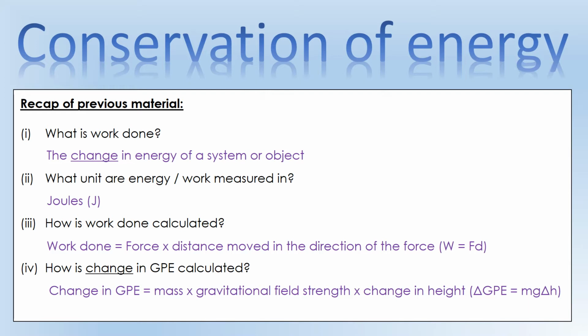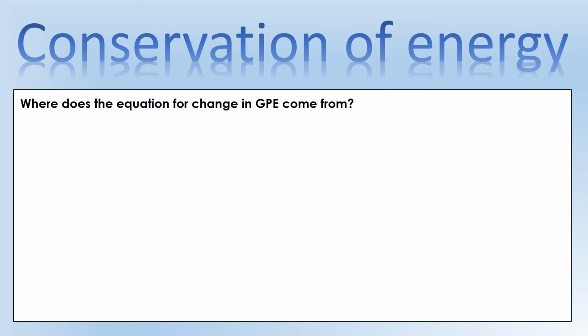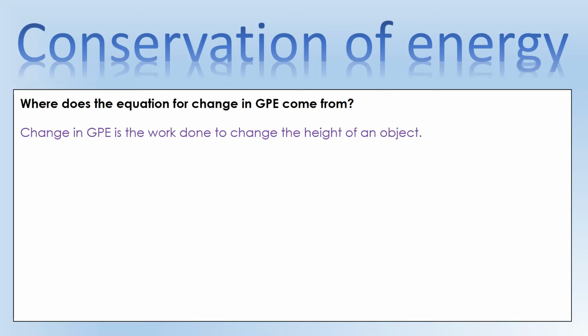You may have met this before, but I want to emphasize, because it links those two concepts, where the equation for change in GPE actually comes from. Essentially, change in GPE is defined as the work done to change the height of an object. So if we think about letting an object fall, it starts up here, and then the weight force of the object is doing work to make it fall, so it's going to accelerate.